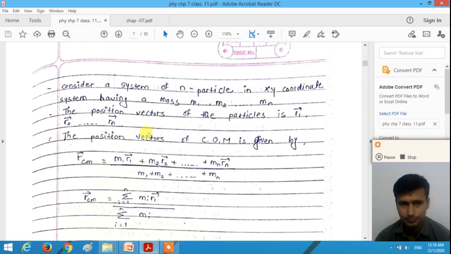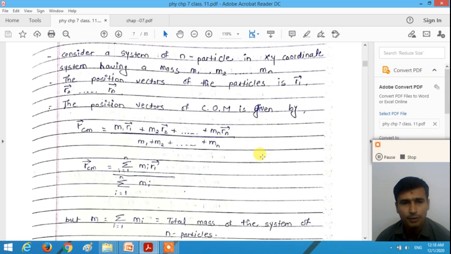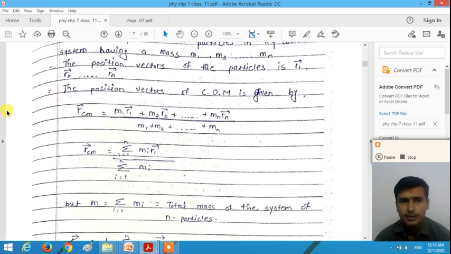Like this. So the position vector of the center of mass is given by the formula RCM is equal to m1r1 plus m2r2 plus up to mnrn divided by m1 plus m2 up to mn, right? Similar to the previous one-dimensional case, where we use m1x1 plus m2x2 and only take the x coordinate. Similarly, the y coordinate will be taken.